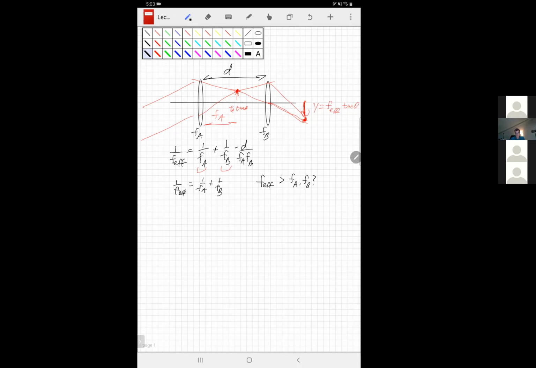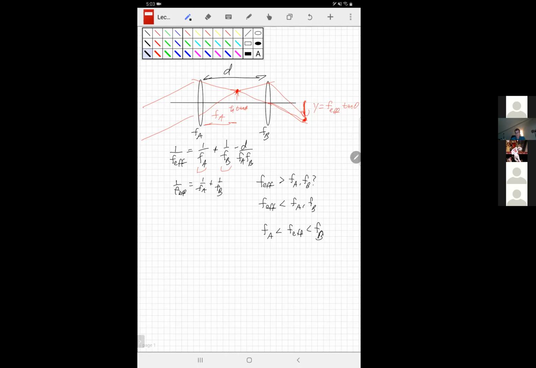Could you repeat the question one more time, Dr. Small? Is the effective focal length smaller than either of those? Larger than either of those? Or is it in between? So if we say that FA is the shorter focal length for the sake of argument, what's going to happen when we combine the lenses?